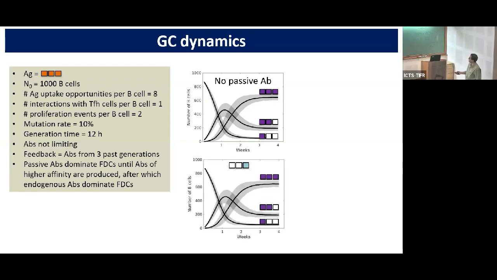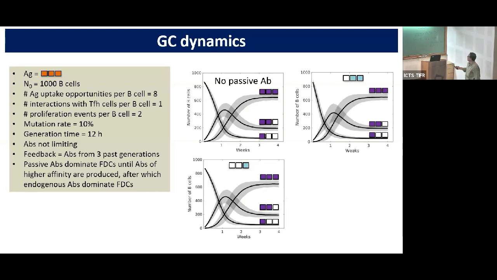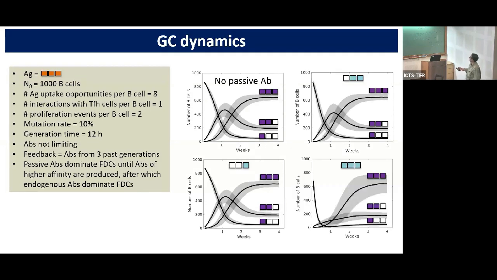Now you ask what happens if you had passively administered antibodies of low affinity in the milieu now. You can repeat this, and low affinity antibodies are not very interesting because these are already being produced by these B cells. So not a whole lot of change happens. But if you now put in intermediate and high affinity antibody, then you see significant changes in the evolutionary process. Two major changes happen.